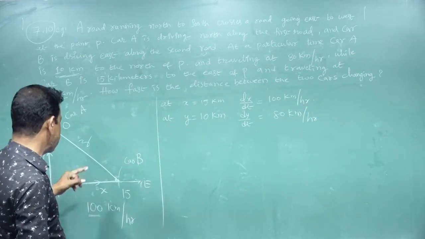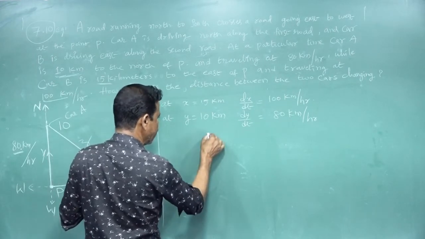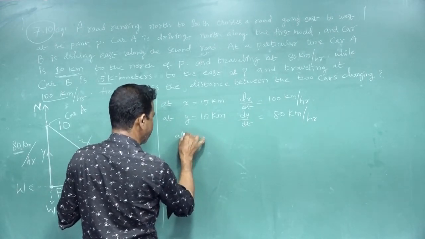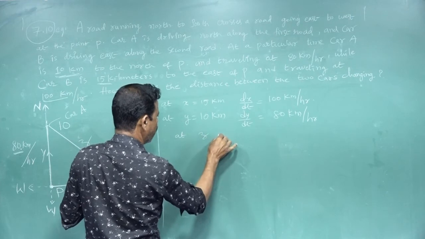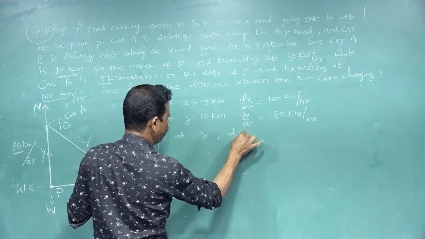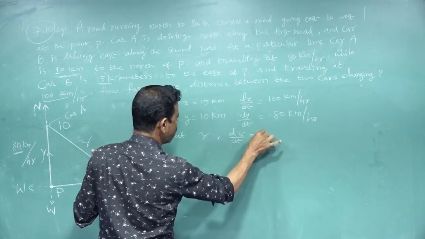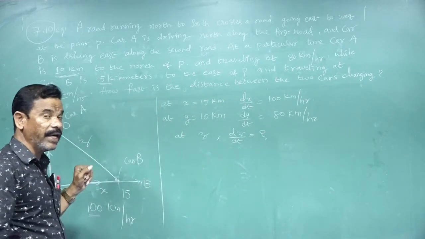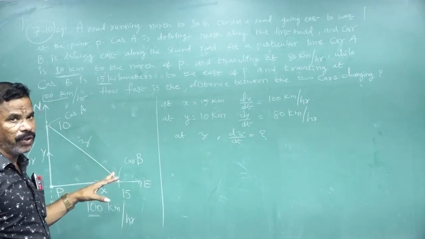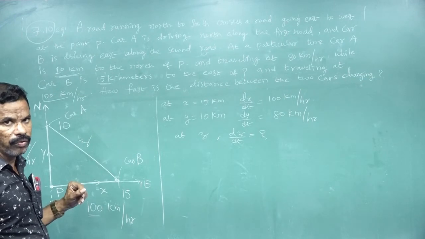Okay, he is asking z, and dz by dt how much is the question. Here one thing: x we know, y we know, z we don't know.